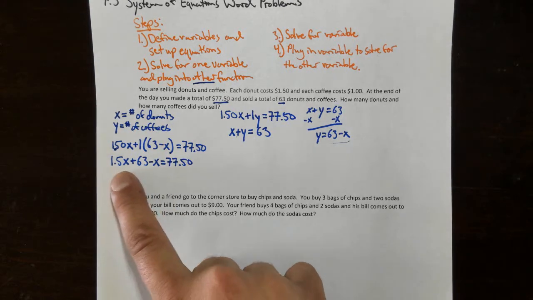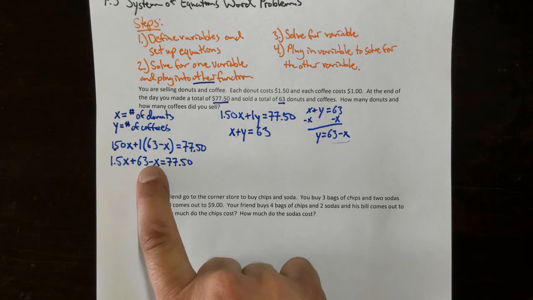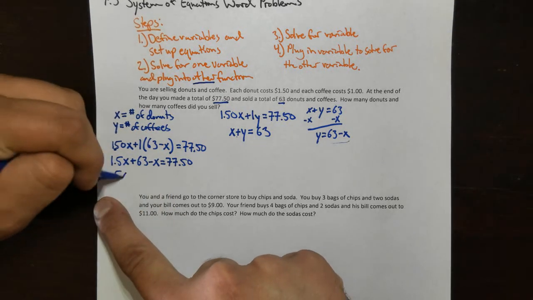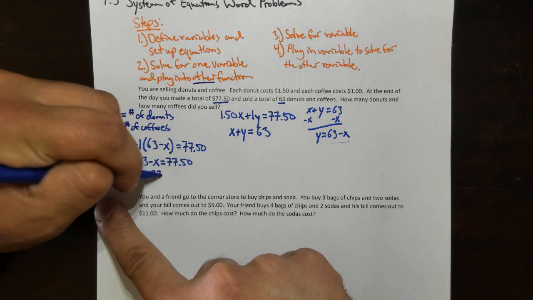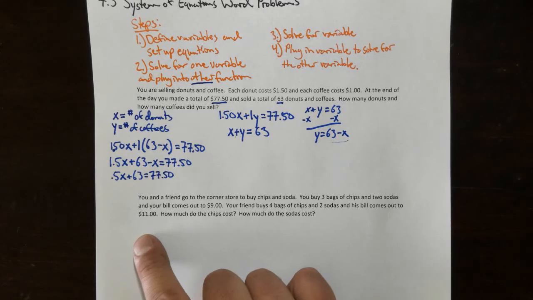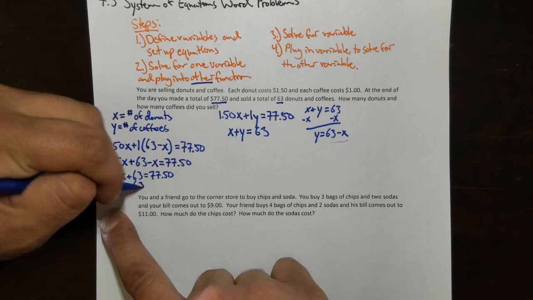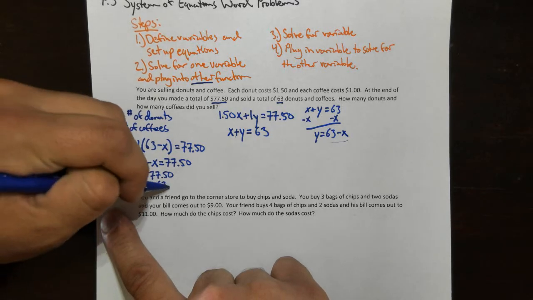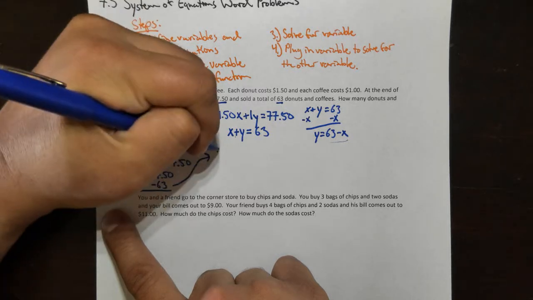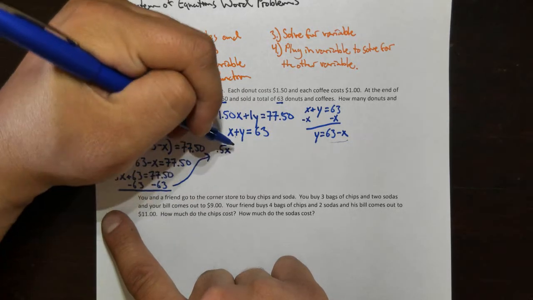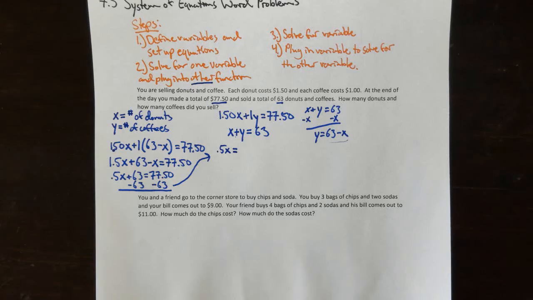And we can combine our x's here. 1.5x minus 1x is 0.5x plus 63 equals 77.50. And now we just subtract 63 from both sides. So we get 0.5x is equal to, I think it's 14.5.